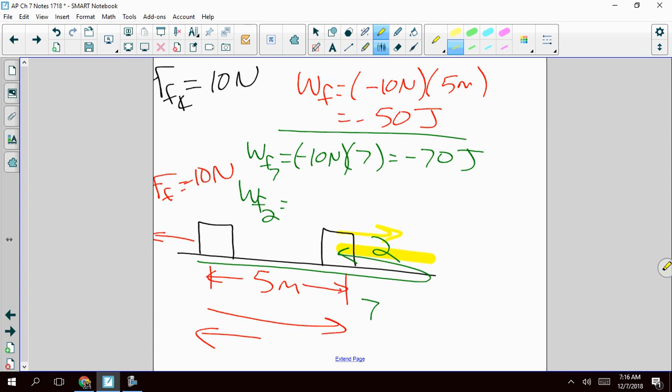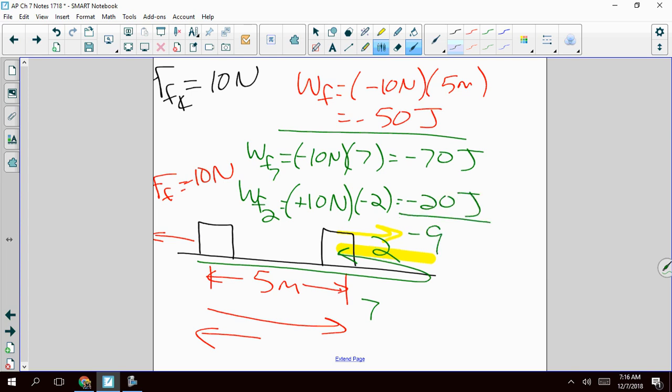So now my force of friction is still 10 newtons, but it's positive 10 newtons, and now my displacement's negative. So now I've got negative 20 joules. And so now the total work done is negative 90 joules, right? And so the work done by friction changed depending on the path that we followed. So friction cannot be designated as a conservative force.